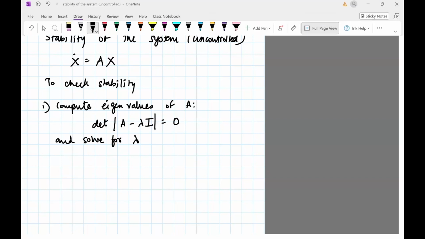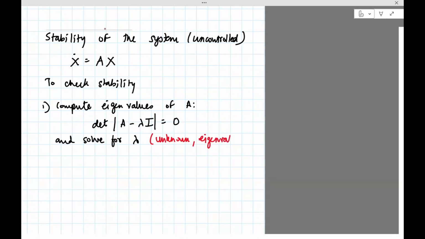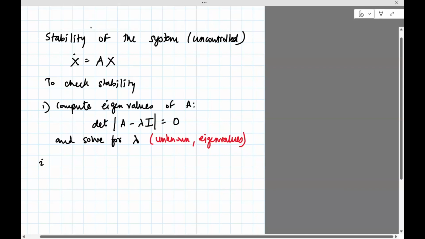These lambdas are the unknown eigenvalues. The second step: if you have an equation like that, in this case that equation will be fourth order because you have a fourth order system, right? You have 4 variables, x1, x2, x3, x4.